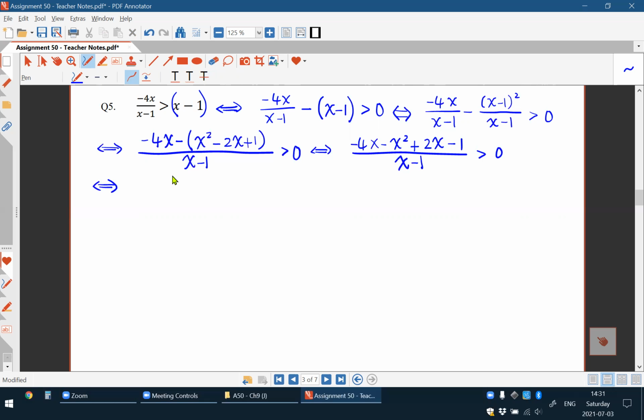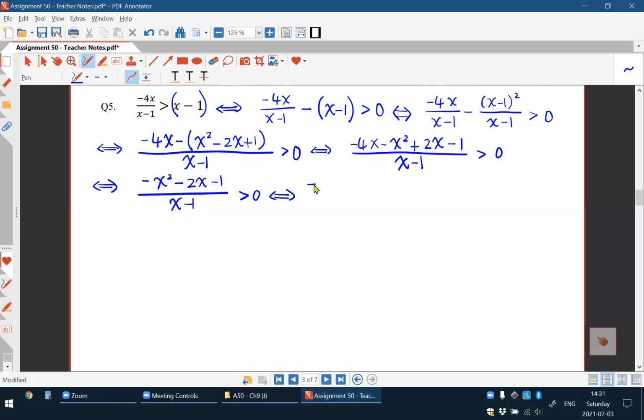And the numerator is minus x squared minus 2x minus 1. So this is actually a formula, right? We can factor this expression.